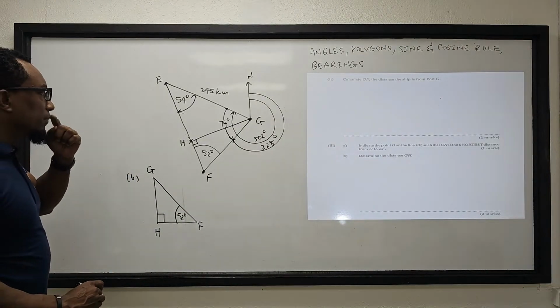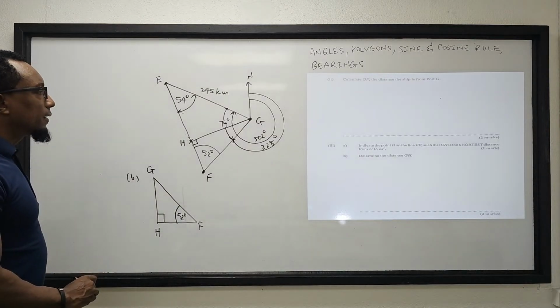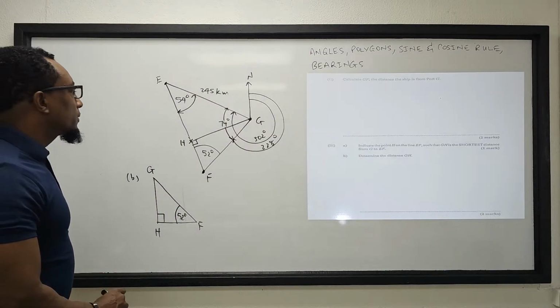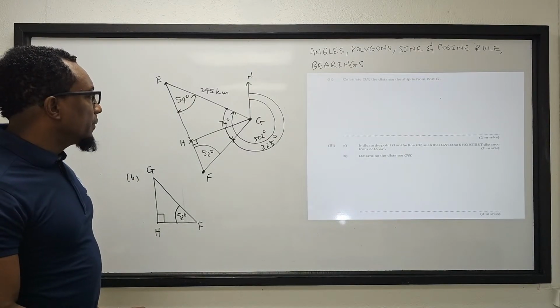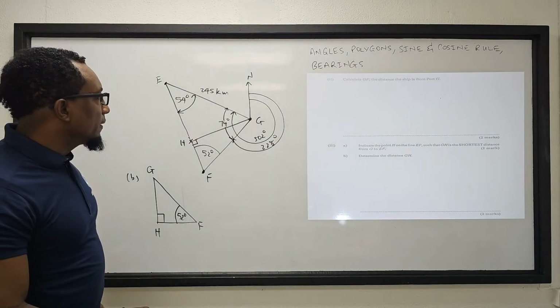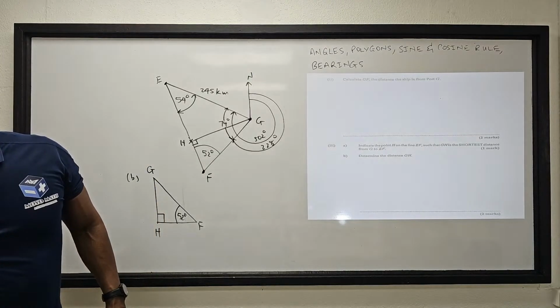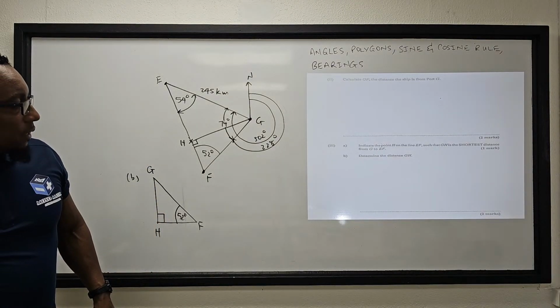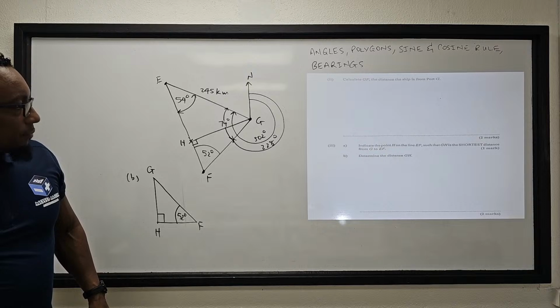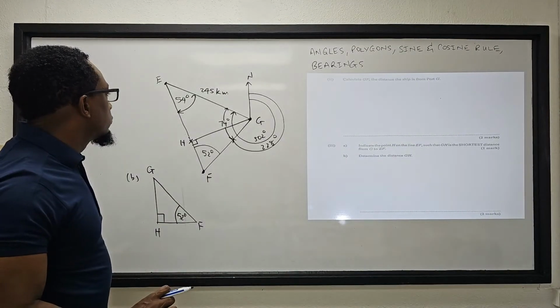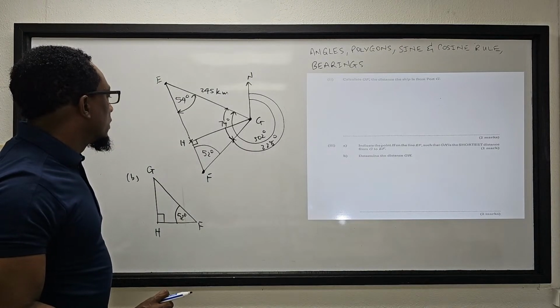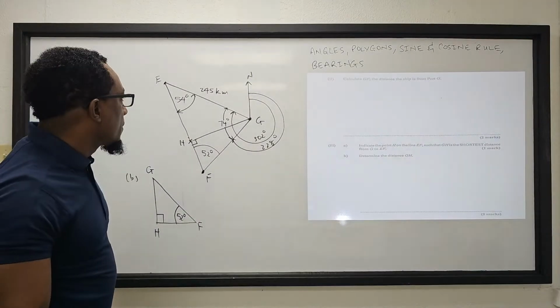And previously, we would have worked out GF. Let's try to remember what we got GF to be. Sure, we'll put it on the diagram. GF previously, I think it was 282 kilometers.